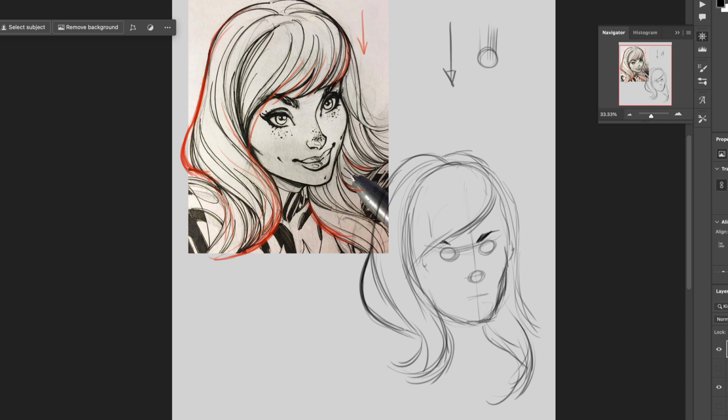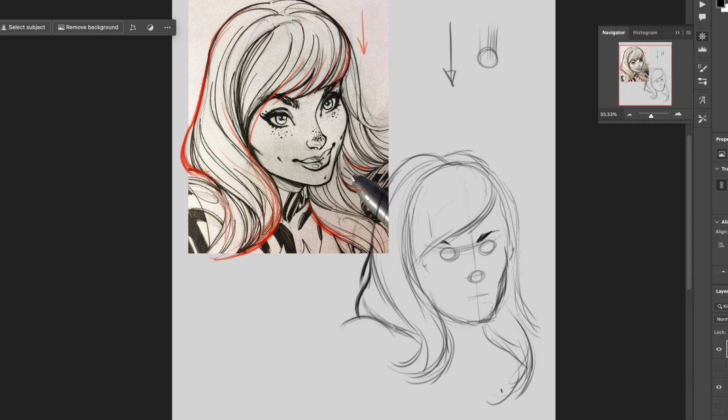So I'm not just doing that as a graphic choice, thinking I just want it to look full. I'm thinking that if it's resting on her shoulder like this, then it should fall down and spread out like that, right?